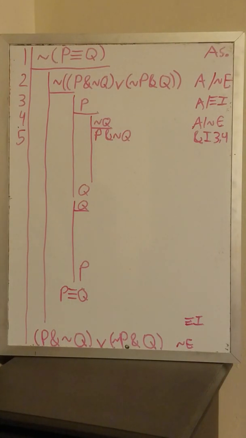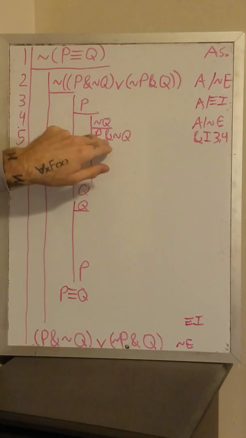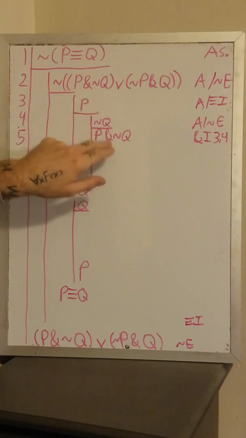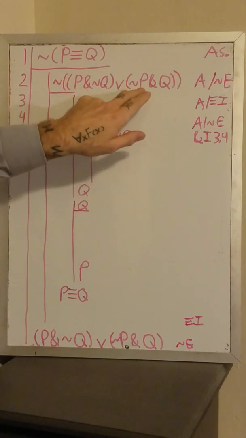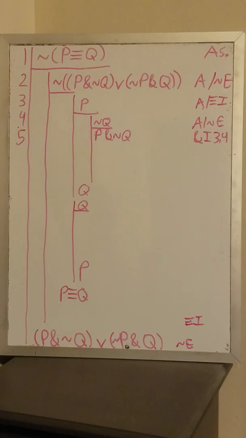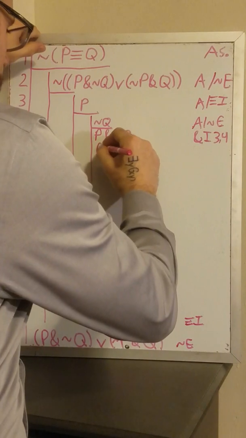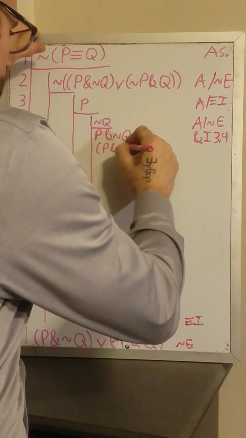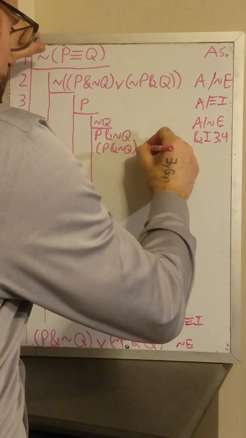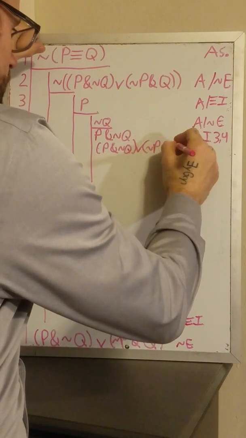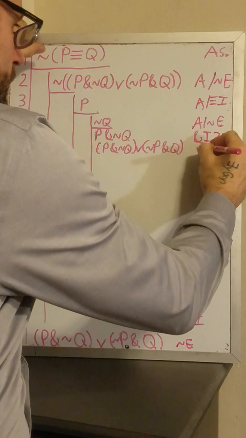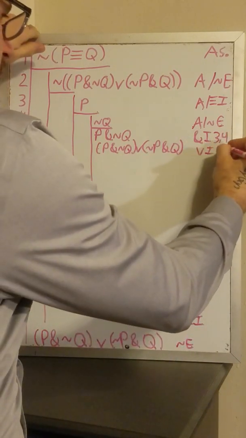Remember the rule of disjunction introduction? We can take any sentence and make it into a disjunction with any other sentence. In particular, we can take P and not Q and make it into P and not Q or not P and Q, right? And we're doing that by disjunction introduction on line 5.